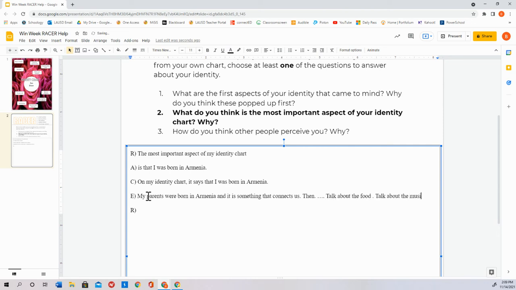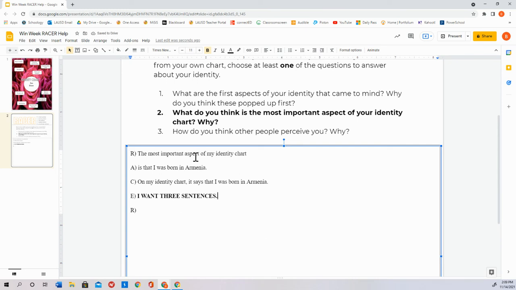Talk about the music. I'm making all sorts of errors here. You tell me. If you say that I was born in Armenia, tell me why. I'm making this in bold here. I want 3 sentences. Give me 3 sentences for your explanation.